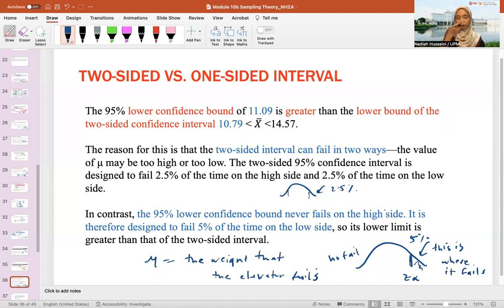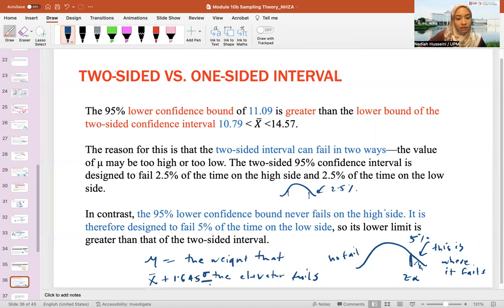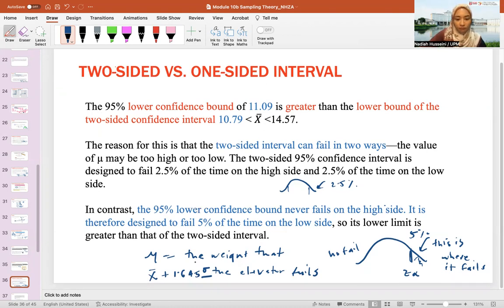If I want to specify a 95% confidence interval, I would construct something going for the upper, or the lower, but in this case, I'm going for the upper. When does it fail? This would be the 95%, which is 1.645 times the population standard deviation over the square root of the sample size. This is if I'm trying to find the upper bound of when the elevator fails.